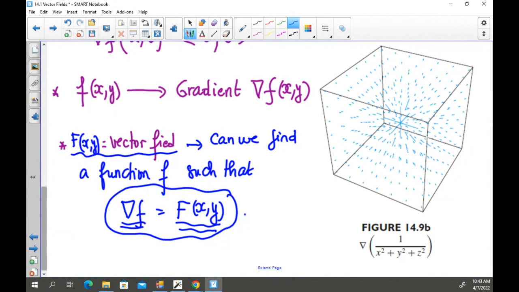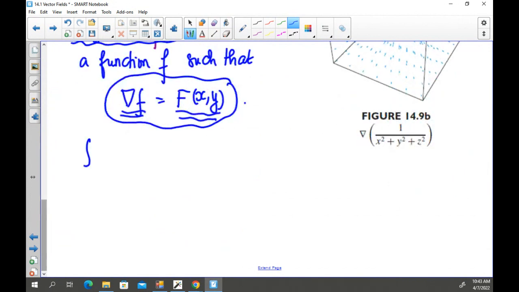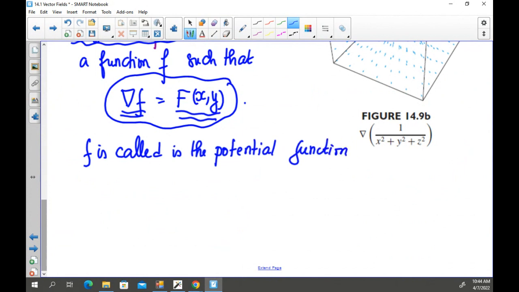So this small f is what we call the potential. f is called the potential function of this function F that we have. Right, now this question is a little bit more difficult if you want.